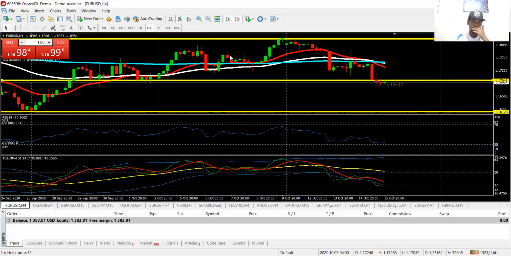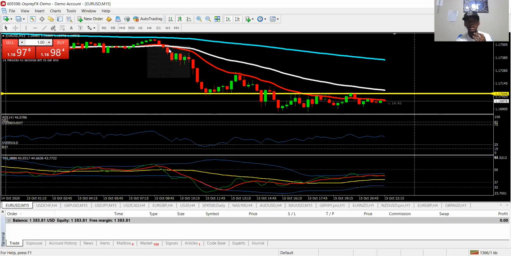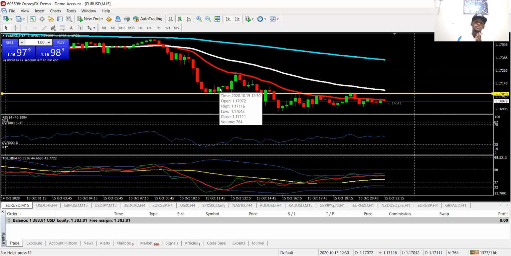And I'll be honest with you guys, what I did was I came down to the M15 and I was just watching how it's respecting my 20 exponential moving average. Look, every time it touched the 20, it shot down. I said this before and I say it again. Whenever you're using a 20 exponential moving average, what you're looking for is for it to touch the line and come back down. It's like when you're running track, right?